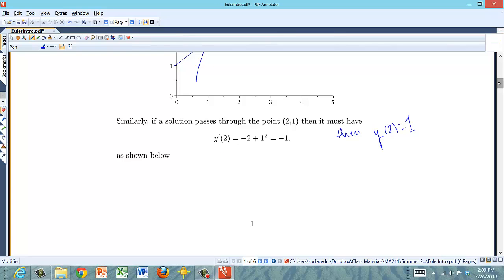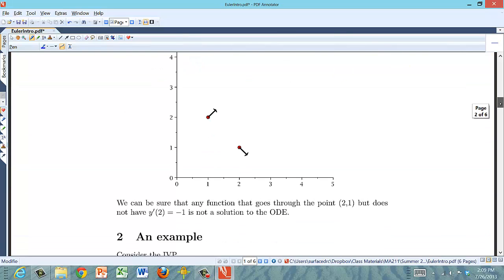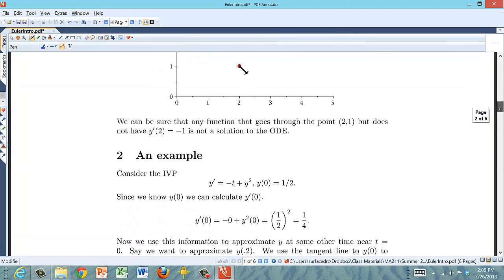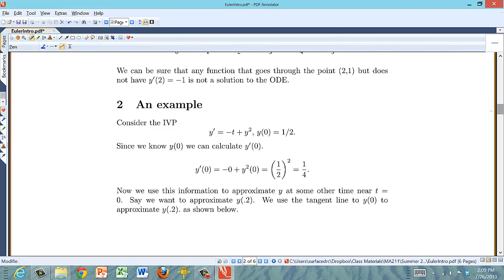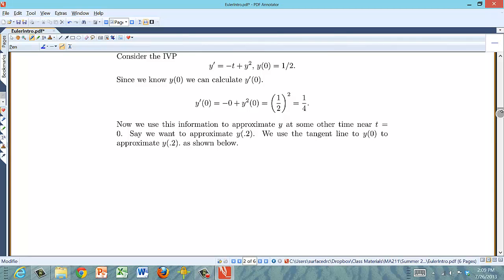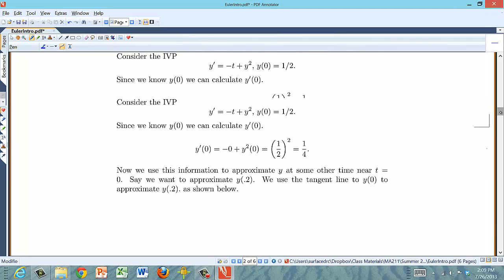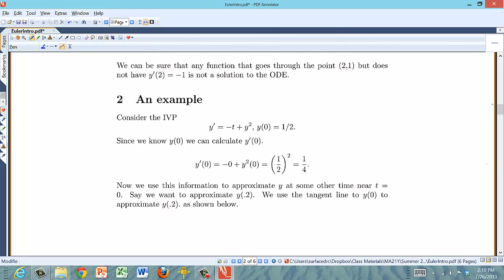So this buys us the following. Let's try and do something here. Let's take a look at this initial value problem.